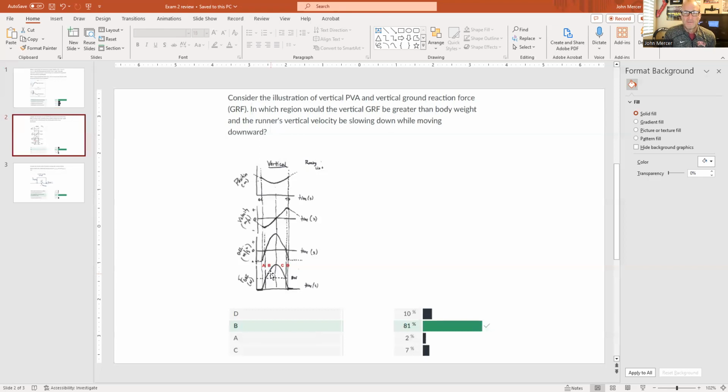Again, thinking ahead to the final, I could give you the same exact graph, but I could ask you, in which region would velocity be speeding up, moving upwards? Well, we would just look at which region would be speeding up, moving upwards, so the velocity would have to be positive and the magnitude would have to be getting bigger. D is a funny one, right?